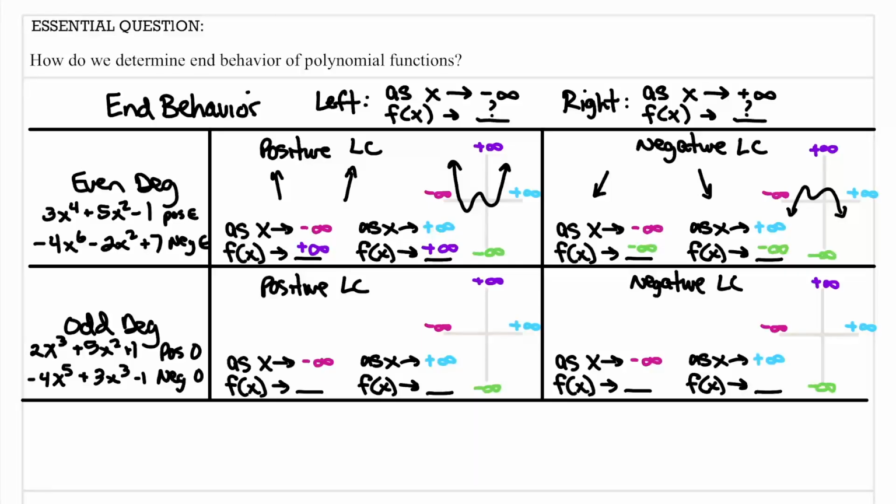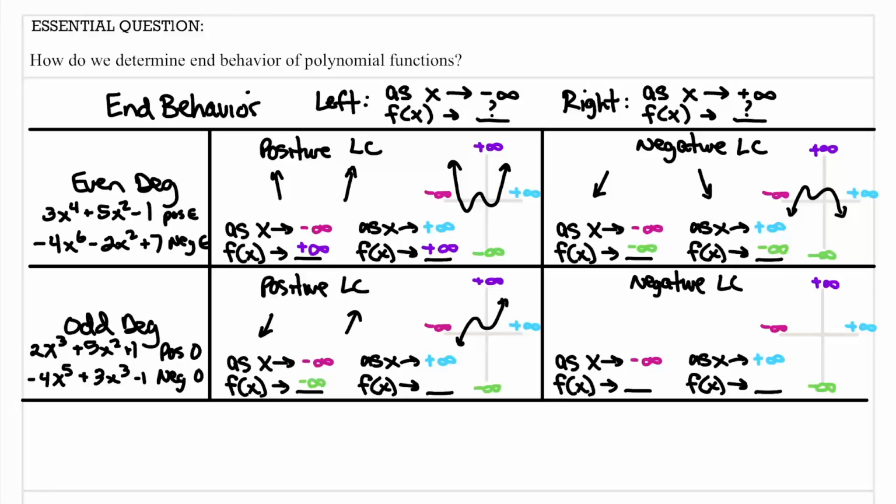So now we're going to look at what the arrows do here. With positive and odd, it's going to go down on the left, up on the right. So it might look something like this. Now as we're going to the left, so towards negative infinity on the x-axis, the graph is going down towards negative infinity.